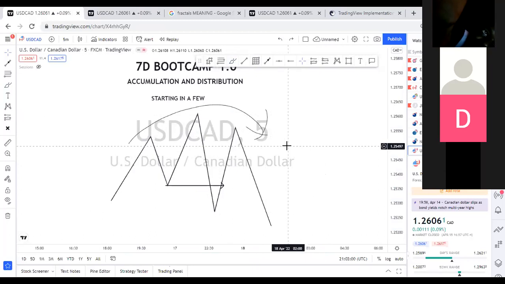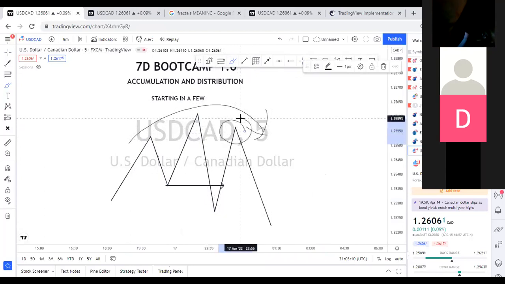So we expect that price will break structure, come back and retest. Now what is happening when price is retesting that block? Like we were taught yesterday, when price is coming to mitigate, what exactly is happening? And remember, I said price is fractal.